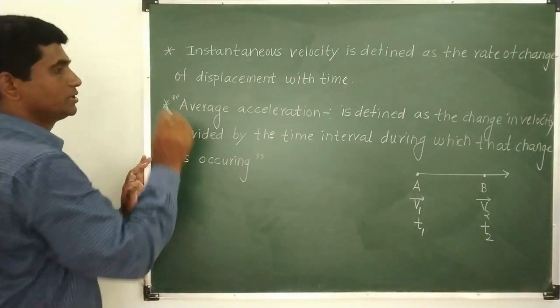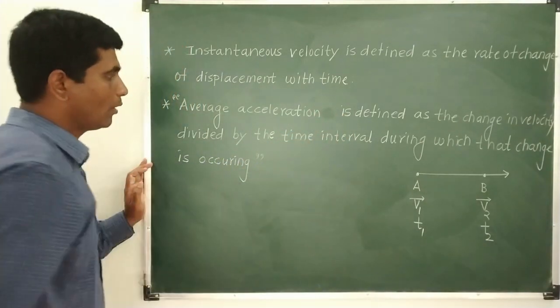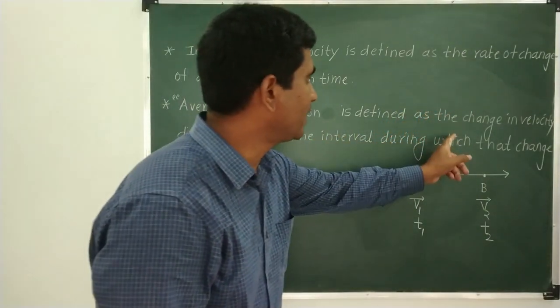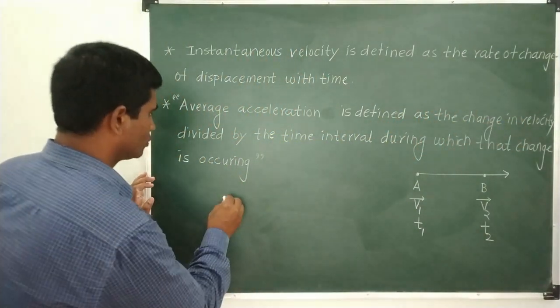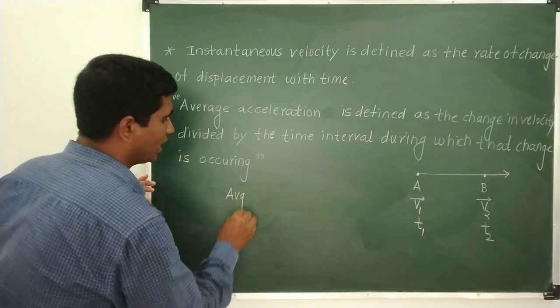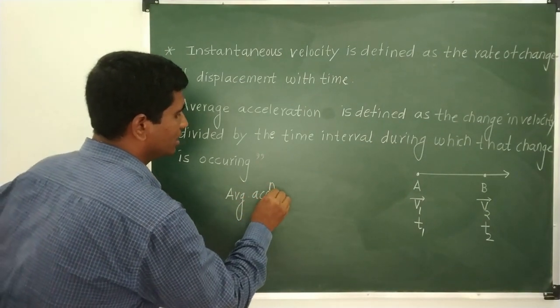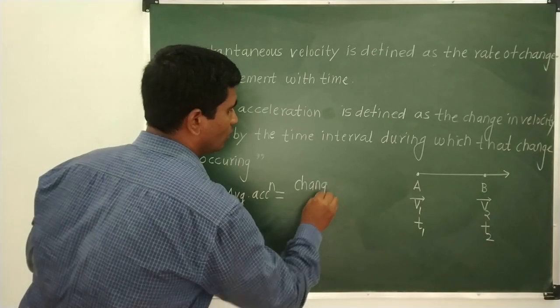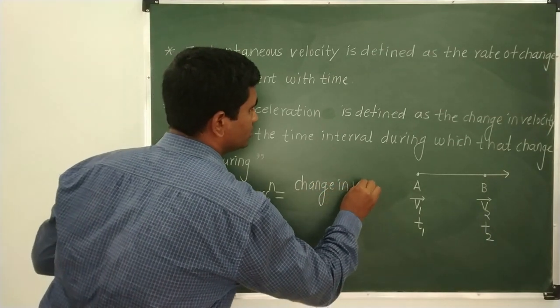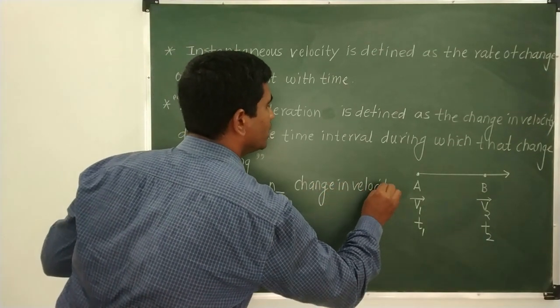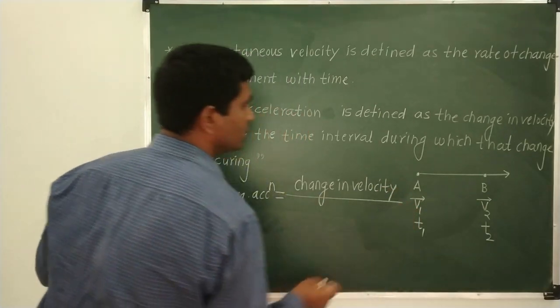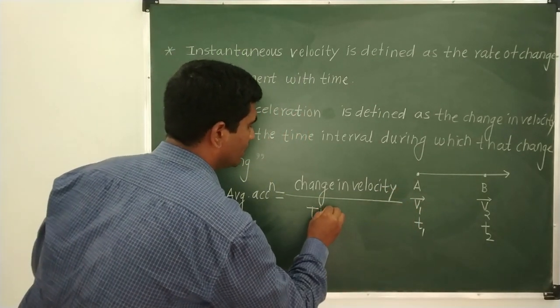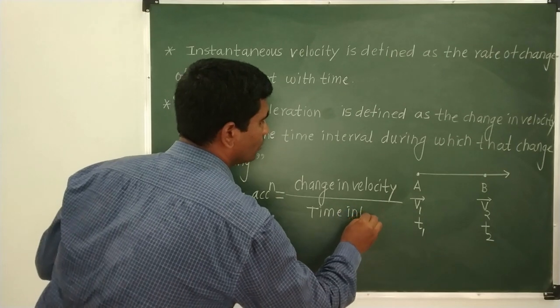Okay, now see, what is average acceleration? It is defined as the change in velocity. So I will write it over here. Average acceleration is equal to change in velocity divided by the time interval.